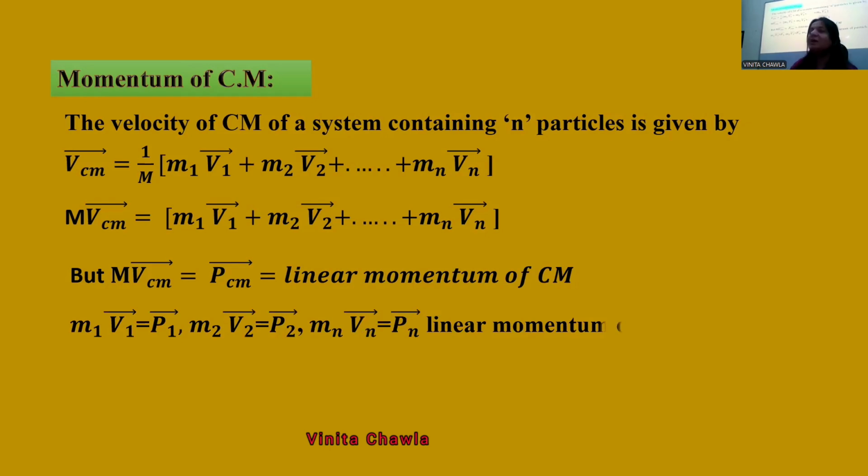So we can replace these terms by p, all p's, so PCM is p1 plus p2 to pn.